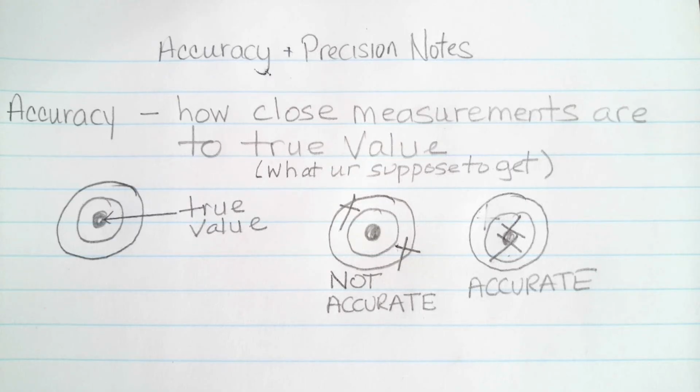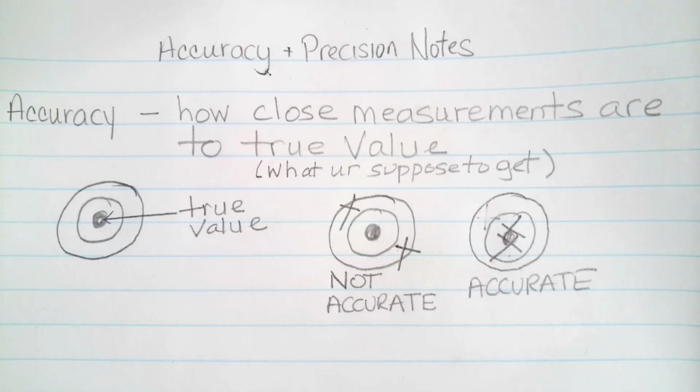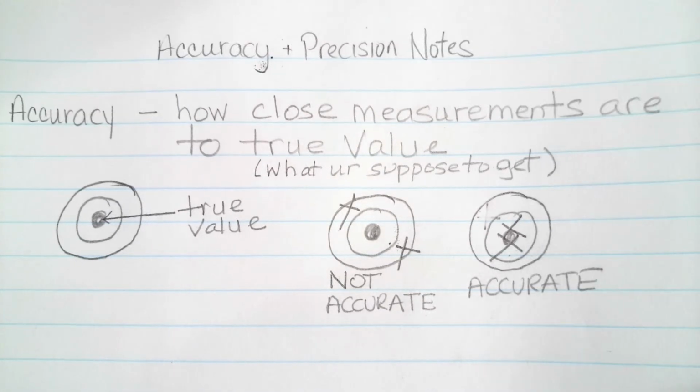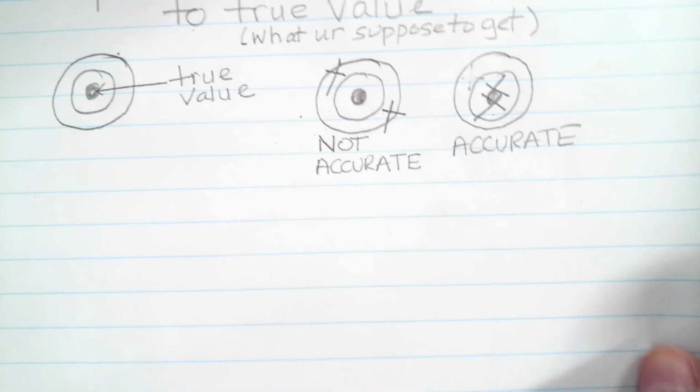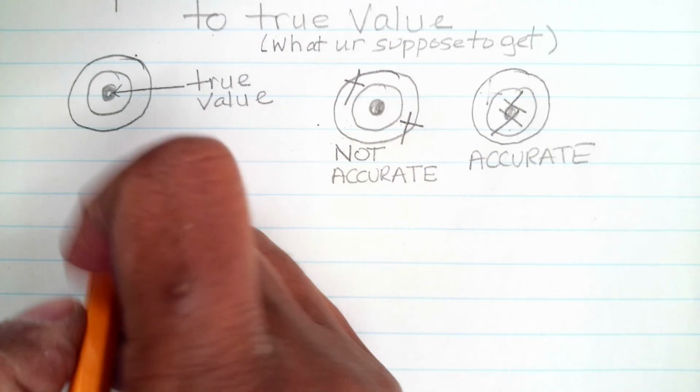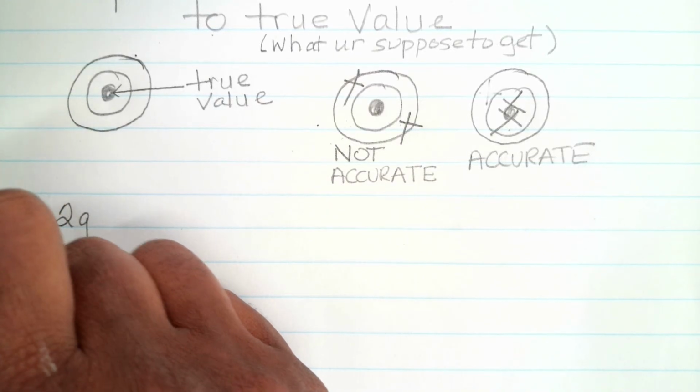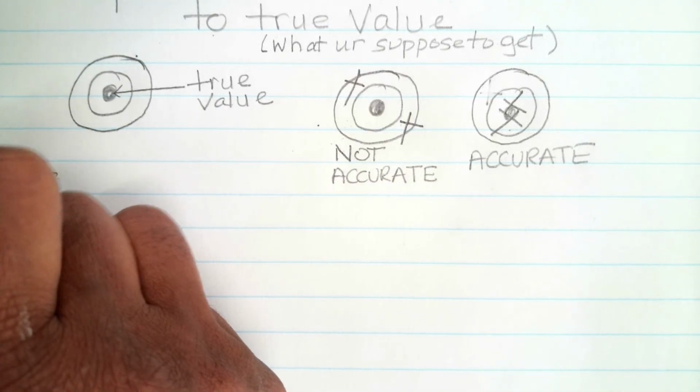Instead of pictures, I am now going to do it with numbers. So let's say that you are in a lab and you are supposed to get 2 grams. That's our true value.